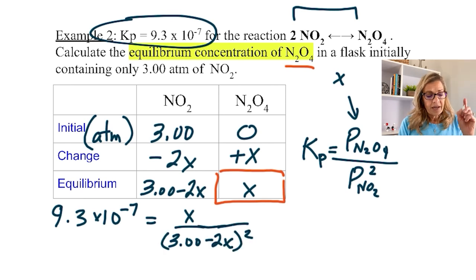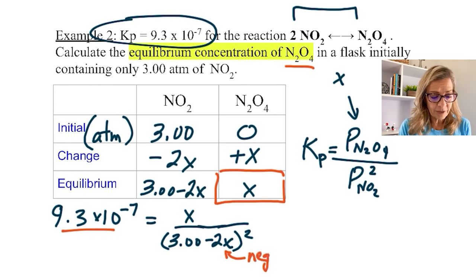And when you look at this, you may say, oh no, I don't want to use a quadratic equation. I recognize I'll have an X squared term and an X term, and that's a mess. Well, often in these problems, because I know that this value is so small, 2X is what we call negligible. In other words, 3 minus 2 times a tiny, tiny number is approximately 3.